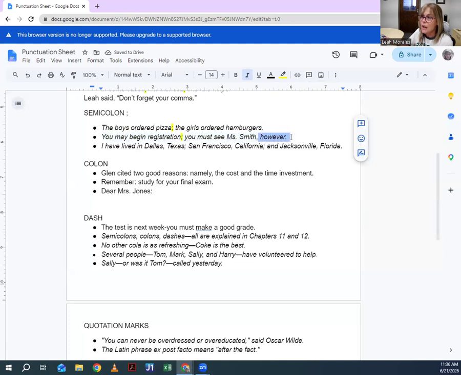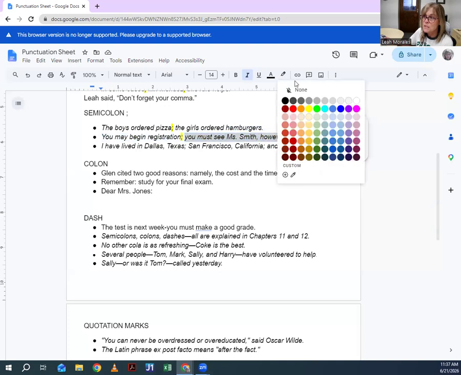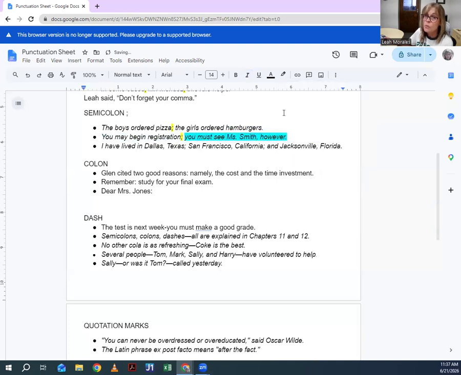Again, you could take however out of here, and you would have two independent clauses, and it would be this exact same thing. But the however, even though this word is at the end, this is still part of the clause, because if I say you must see Miss Smith, however, you would feel like you had missed part of the thought, correct? So also in joining those two clauses, you can put a semicolon.